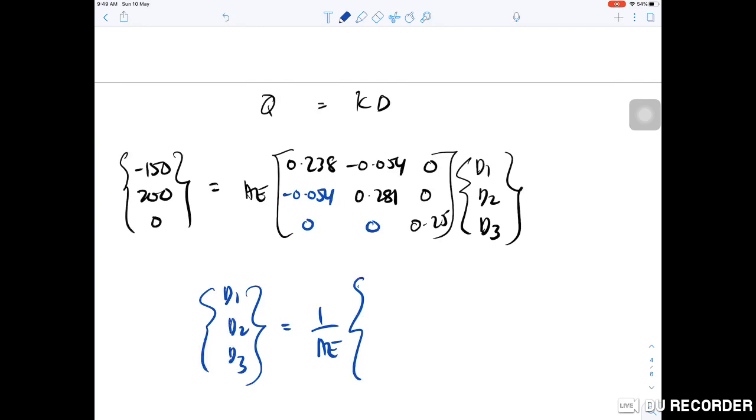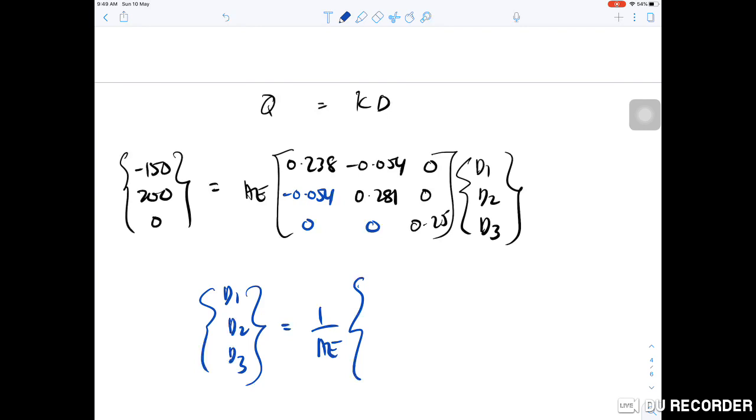A2 is negative 0.054, then 0.281, then 0 for C2, and D2 is 200. A3 is 0, B3 is 0, C3 is 0.25, and D3 is 0.